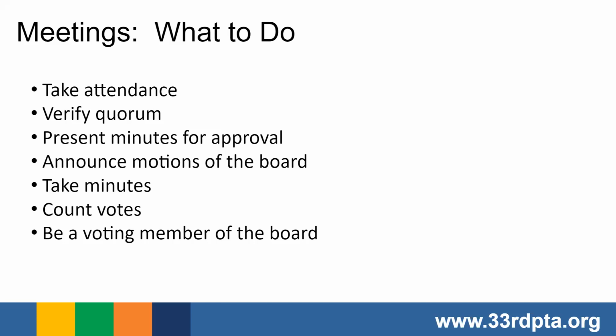You would present minutes for approval. These are previous meeting minutes, and those will be approved as presented or corrected. You would list the corrections in the current minutes and make them in the minutes that you're approving. And I will have a slide on that in a little bit.